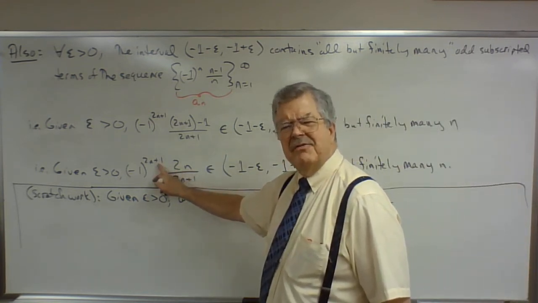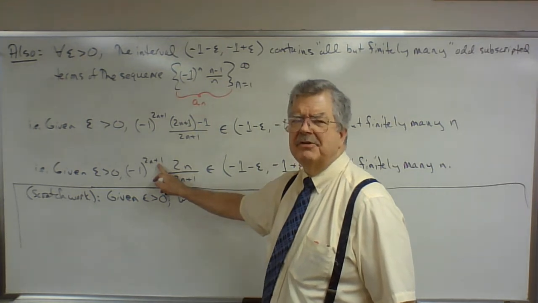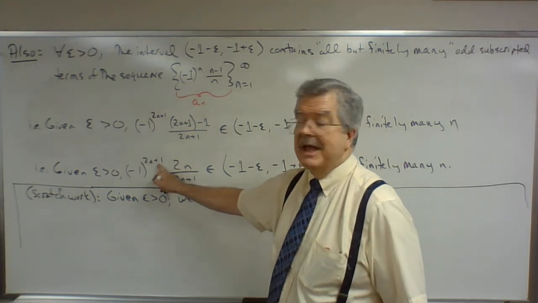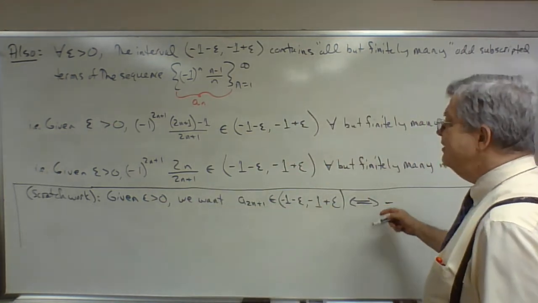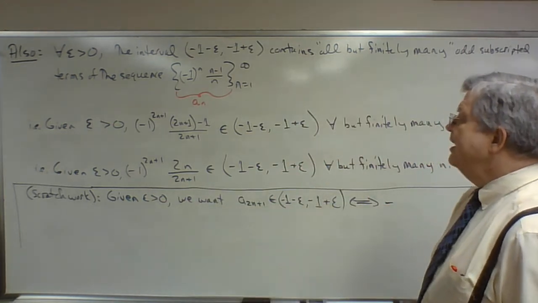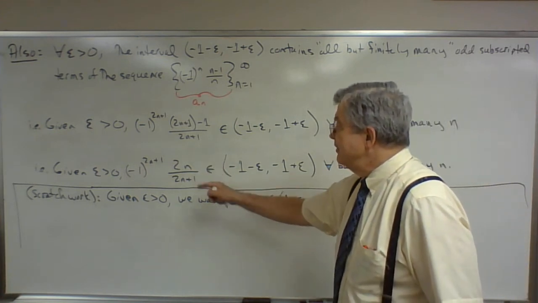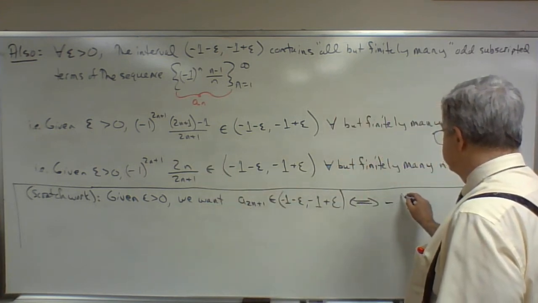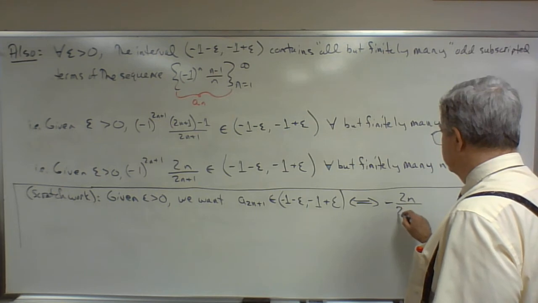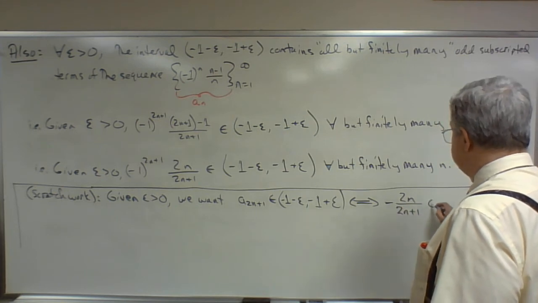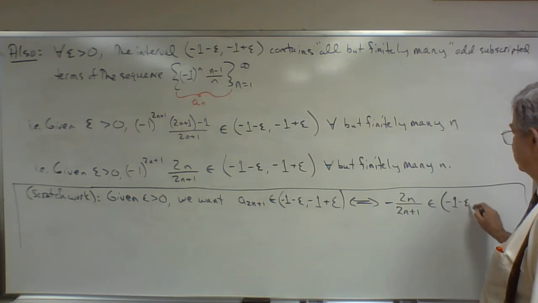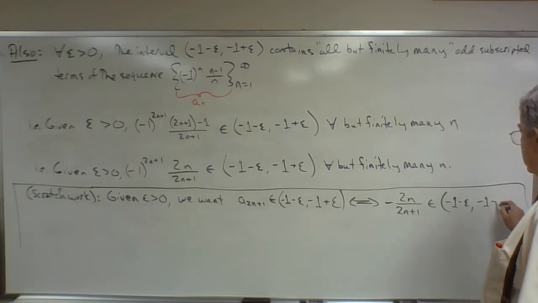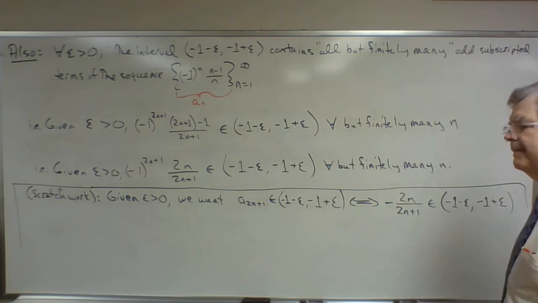Well, negative 1 to the 2n minus 1 is always going to be negative 1, so I'm just going to say negative 1. So we want negative 1 times 2n over 2n plus 1 to be in this interval, negative 1 minus epsilon, negative 1 plus epsilon.